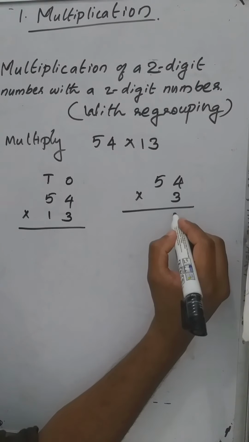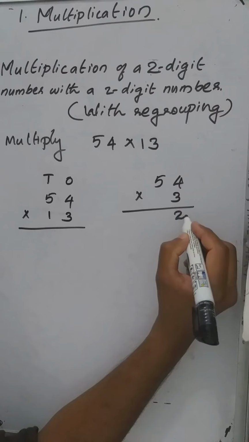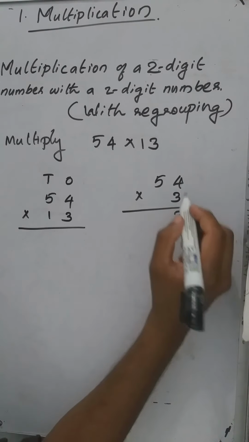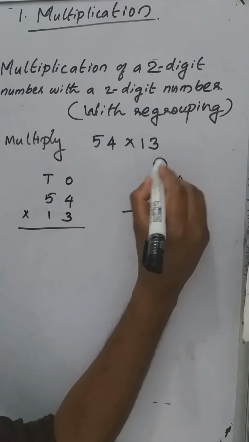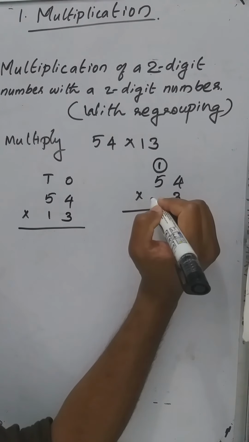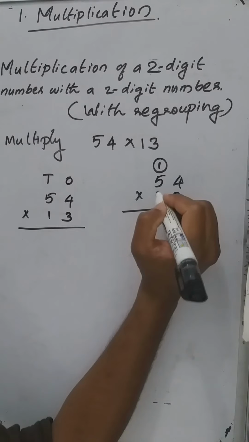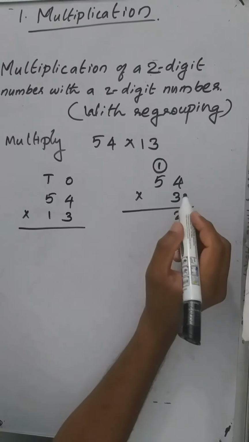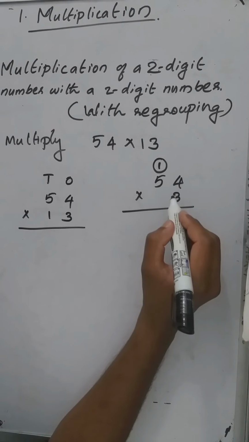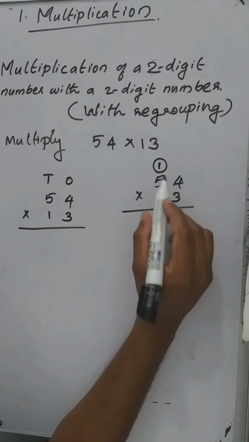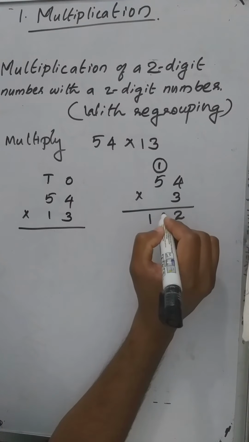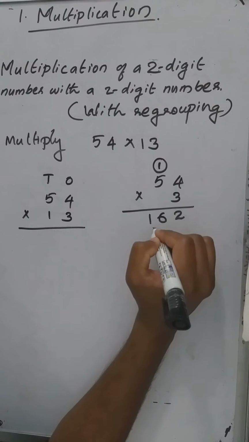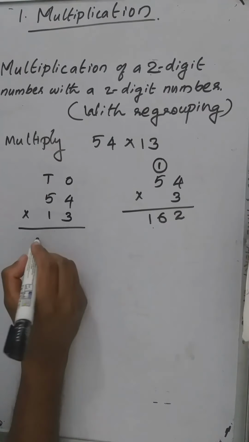So we have to write 2 here and 1 we carry over. You are going to move it into this 5. Then next we have to multiply 5 into 3. 5 3s are 15. 15 plus 1, 16. So we got our answer 162 right here.